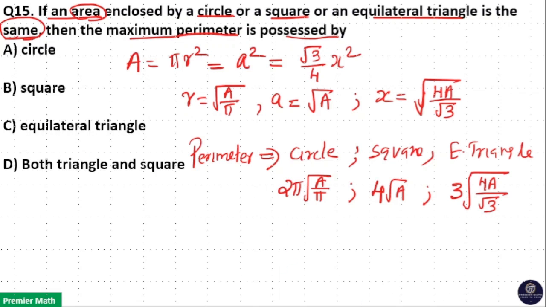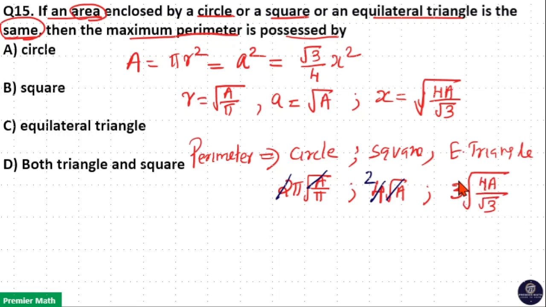Now, you can see here, if you take the 4 outside of this root, this will become 2 root A. So here 2 root A is common in all these three. So cancel the 2 root A from all these three. Here 2 and root A cancel. Remaining 2.